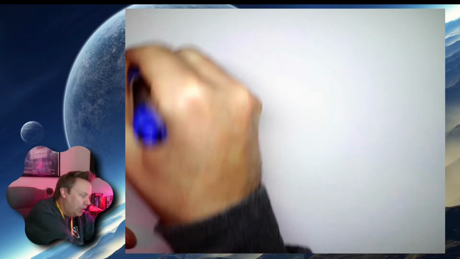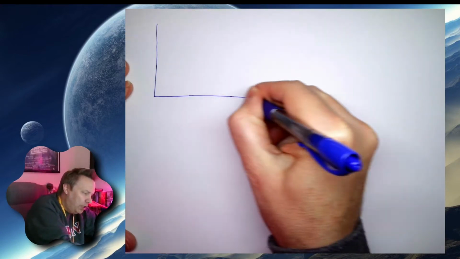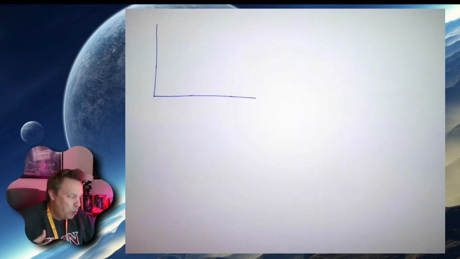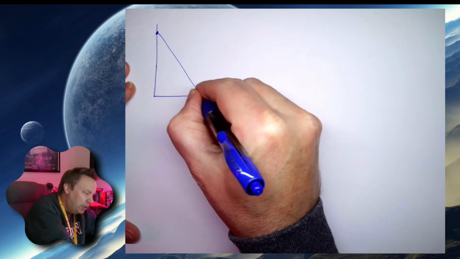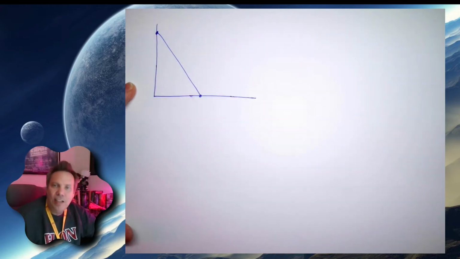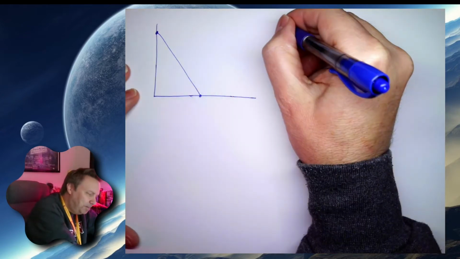Okay, so here's a situation. We have a wall and a ground, and I'm going to assume that this wall is perpendicular to the ground. And I have a ladder that's leaning up against the wall. So what are some facts about this ladder?